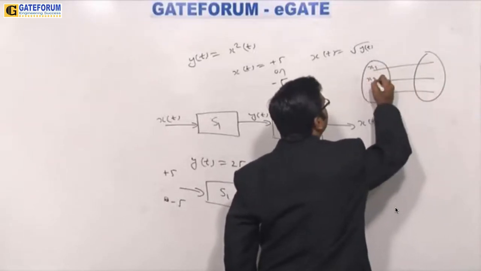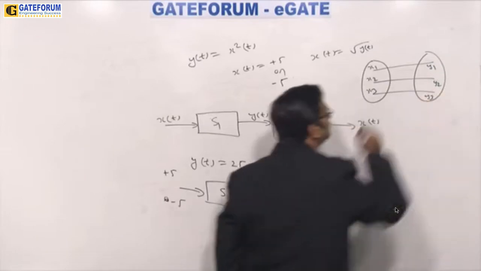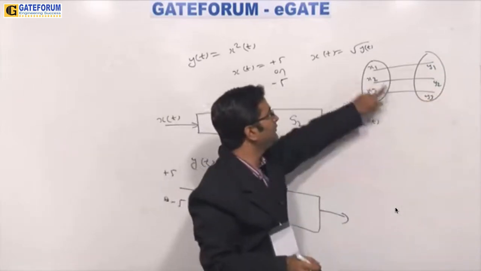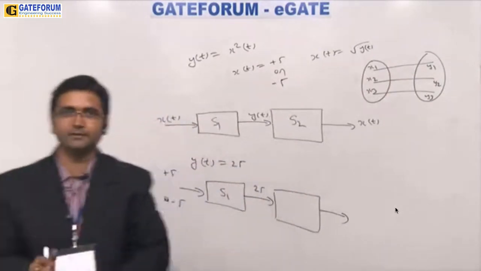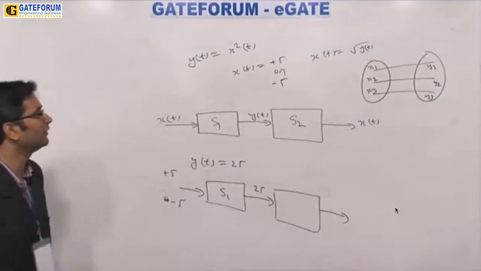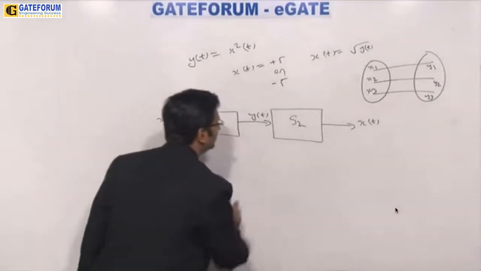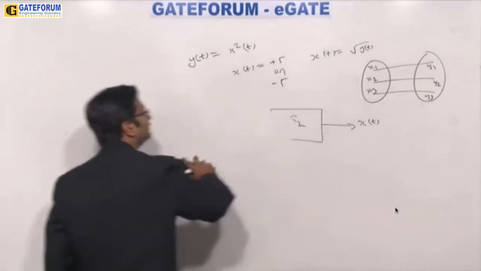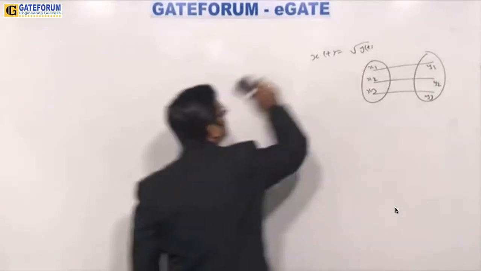If there are x1, x2, x3 and y1, y2, y3, and for each unique input you have a unique output, the system can be an invertible system, otherwise it cannot. That is the simple rule for finding whether the given system is invertible or not. We will see more about invertibility once we do the impulse response, Laplace transform and other things.